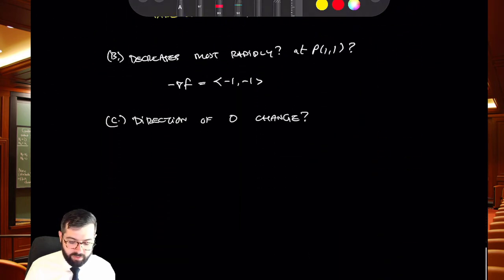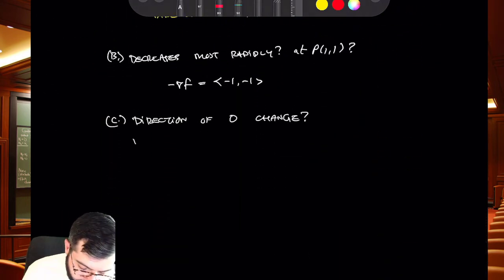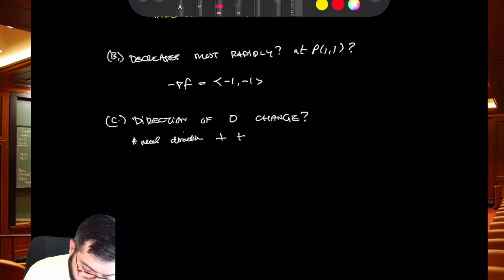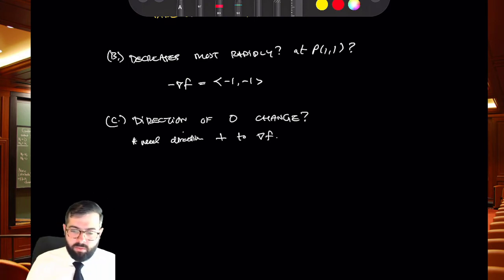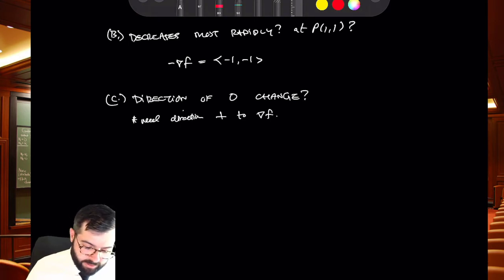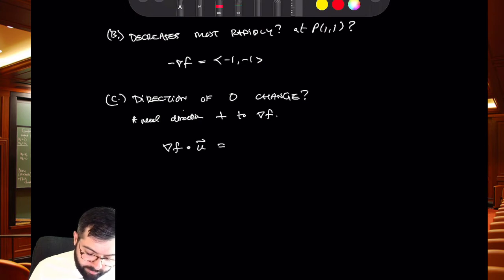So we're looking for a direction that is orthogonal to the gradient of f. I'm not going to work this out with you totally, because I want you to do this on your own after class. But essentially we dot this with some unknown vector u and set it equal to 0.